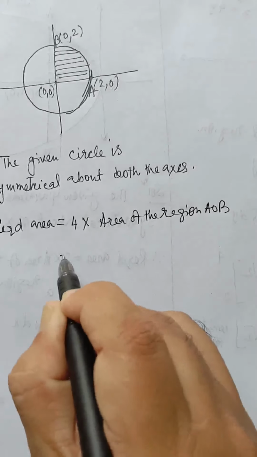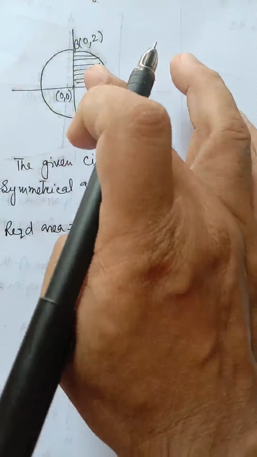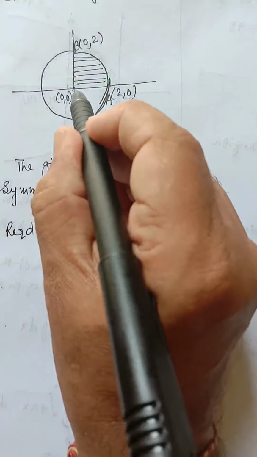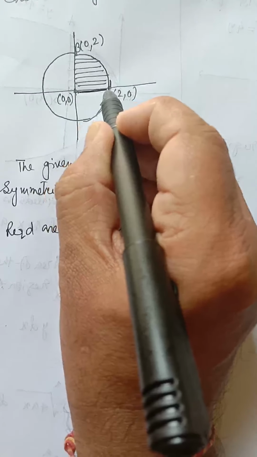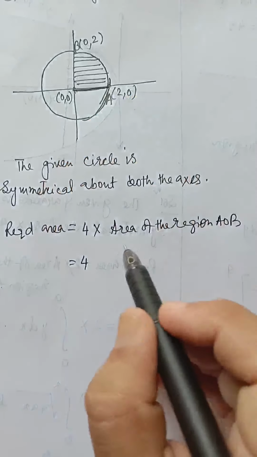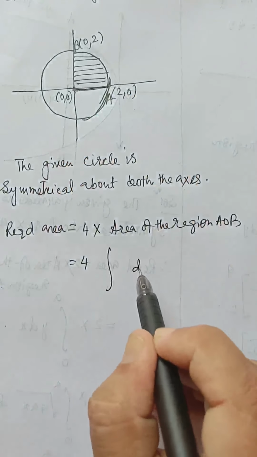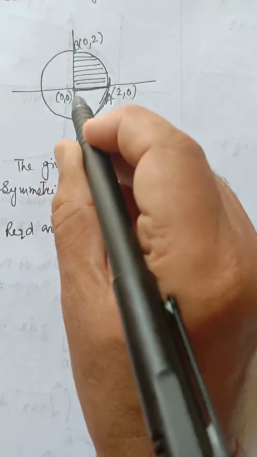Now we have to find the area of this part. If we consider the x-axis as one of the boundaries, its area will be y dx from 0 to 2.